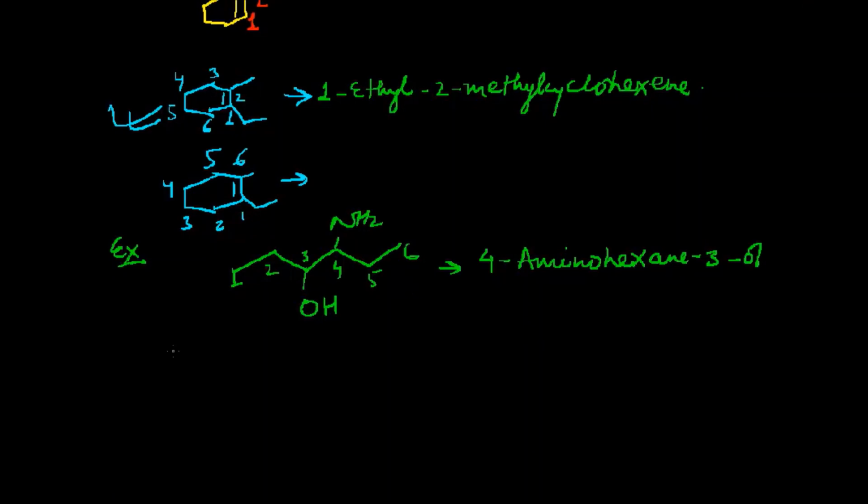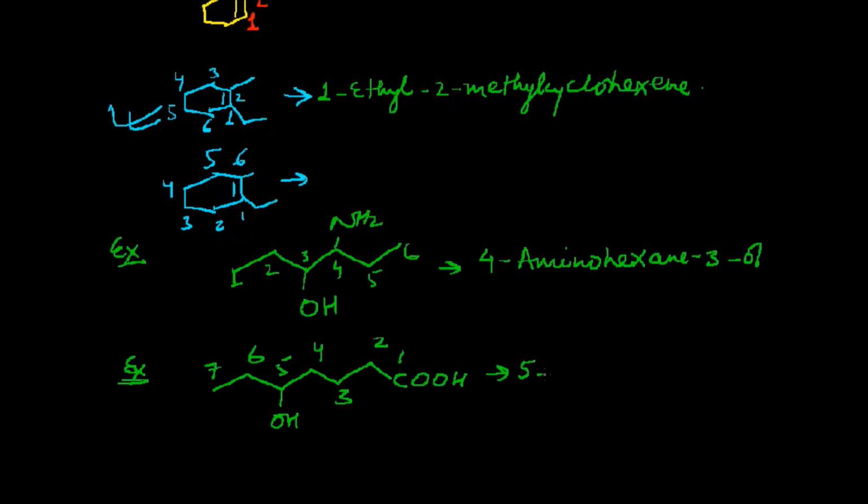Now you can take the next example, if I would have taken OH and here it is COOH, then the numbering must be done from this side. So it is 1, 2, 3, 4, 5, 6, 7, and so its name would be 5-hydroxy.